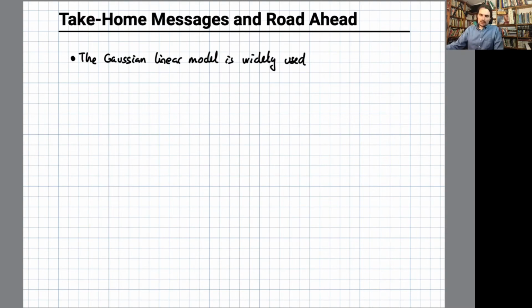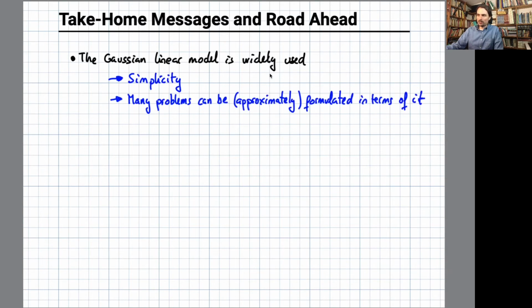Okay, so let's just recap the main messages of today's lecture. We said that the Gaussian linear model is widely used. We actually used some examples to illustrate why it is so relevant.